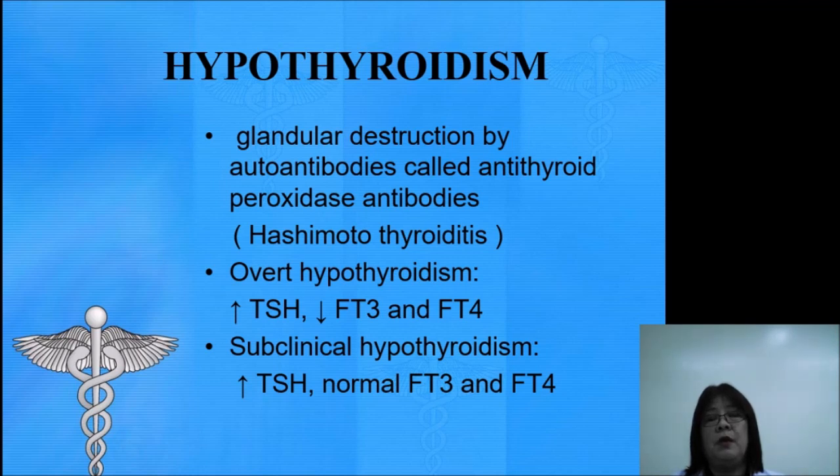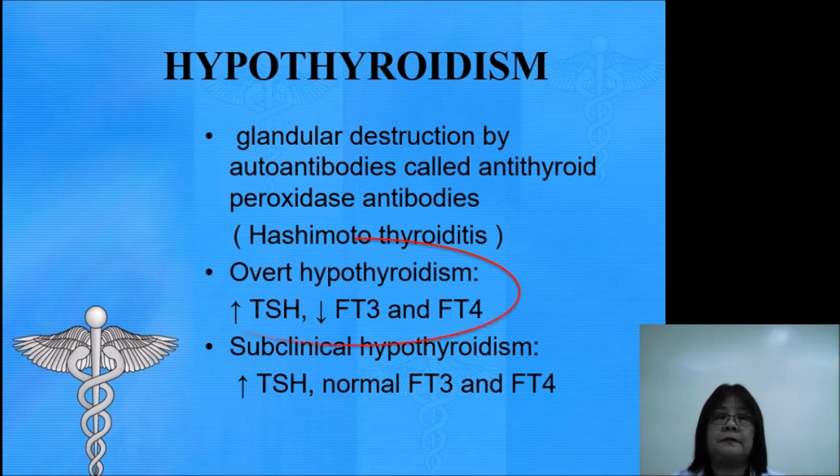So you have a low free T3, low free T4, and your TSH will be elevated. There are some cases wherein the TSH is elevated, and yet your free T4 and free T3 are still normal. And the diagnosis in these cases will be your subclinical hypothyroidism.